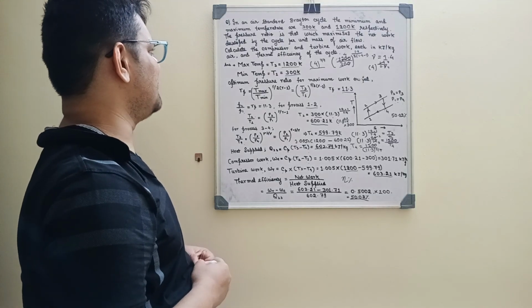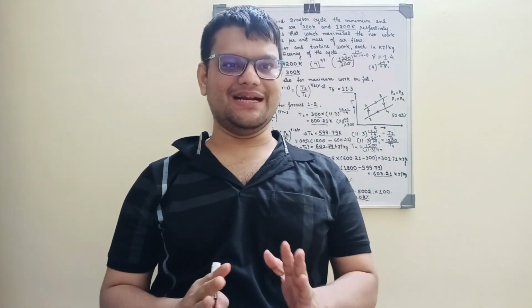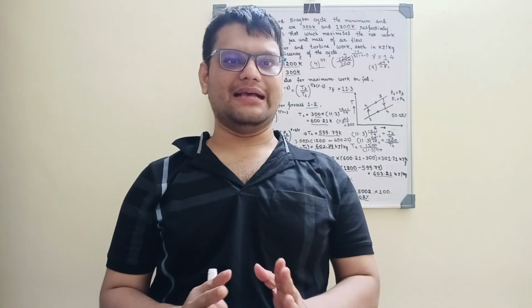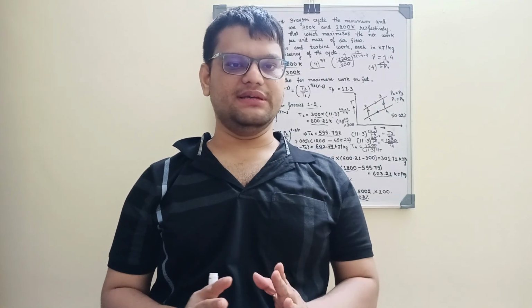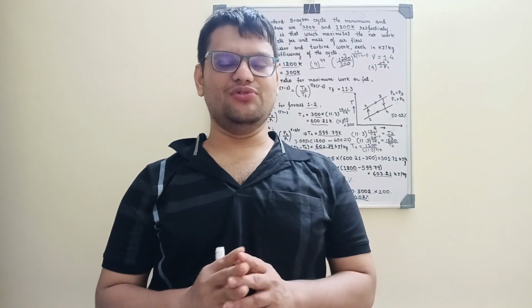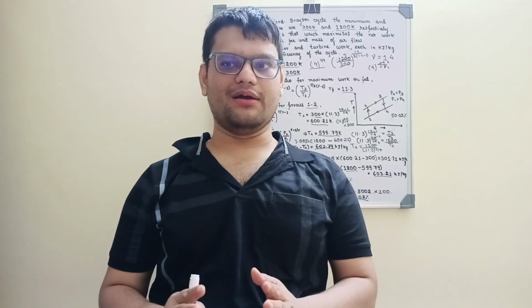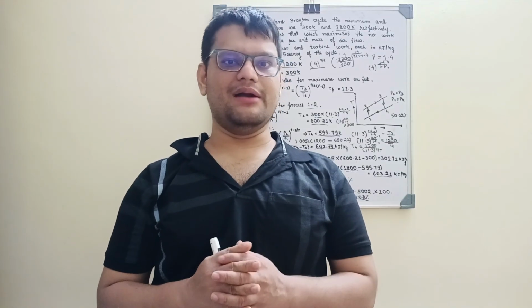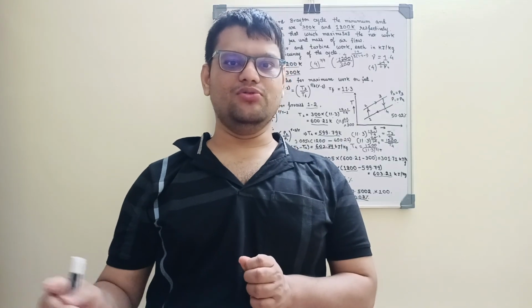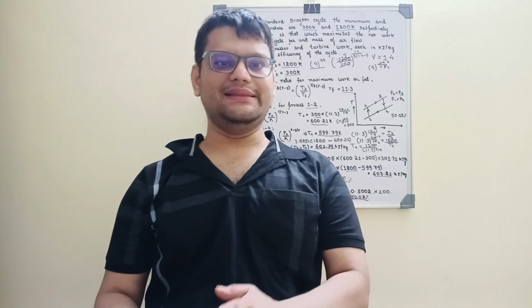I hope you have understood how this full numerical has been calculated, where the work is done by the gas turbine and the compressor in this gas power cycle. Generally, for the heat supplied we should use m Cp into delta T, for the compressor work we take Cp into delta T, and the work done by the turbine is also Cp into delta T. One is between T1 and T2, and the other between T3 and T4.